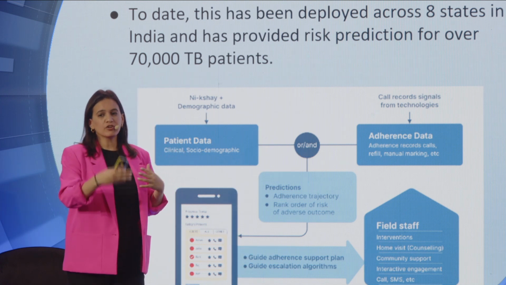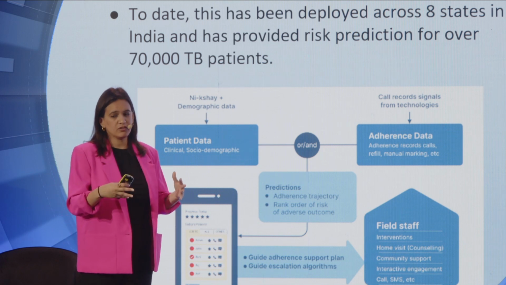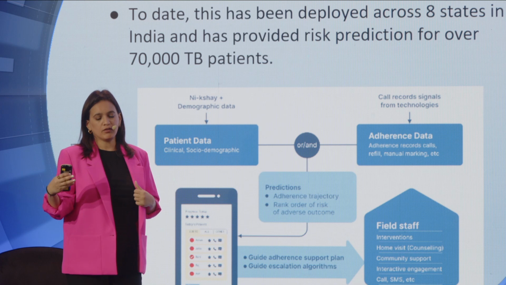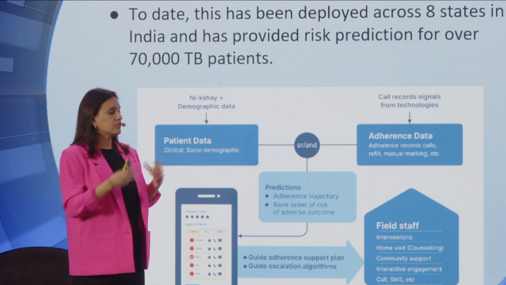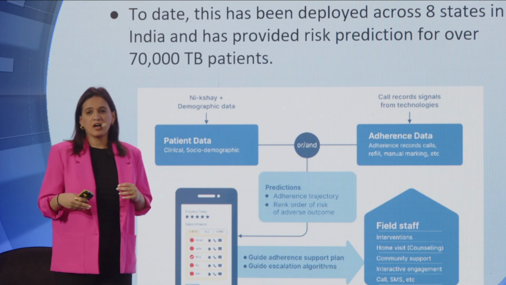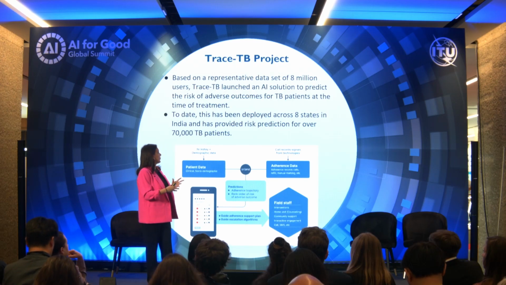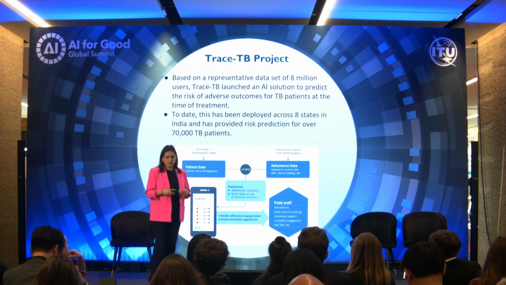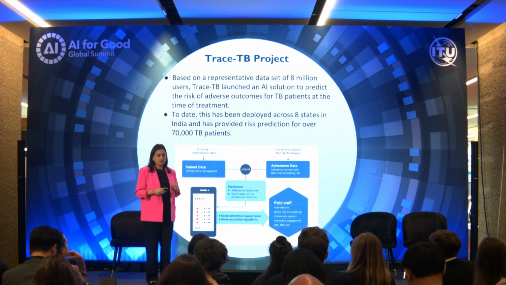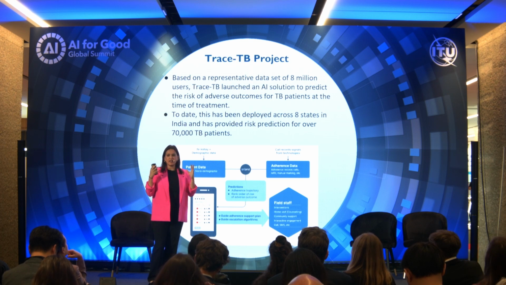And then we offered early interventions for those patients in order to make sure that they didn't fall off. And so to date, this early intervention program has been deployed in 8 states in India and reached over 70,000 patients. So these are 3 examples of how USAID has used AI to address a specific problem.